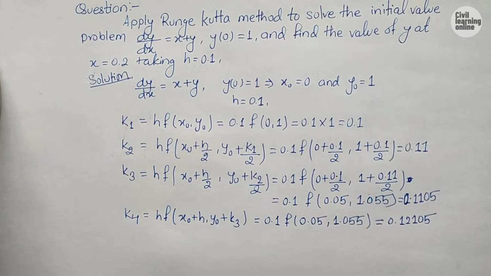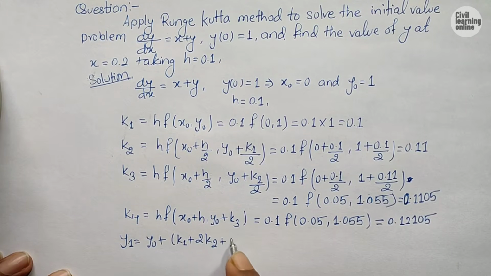0.12105. Now use the equation which I have shown in the beginning of the video, that y1 equals y0 plus (k1 plus 2k2 plus 2k3 plus k4) divided by 6. Now put the value.